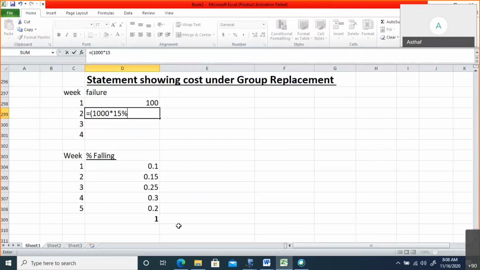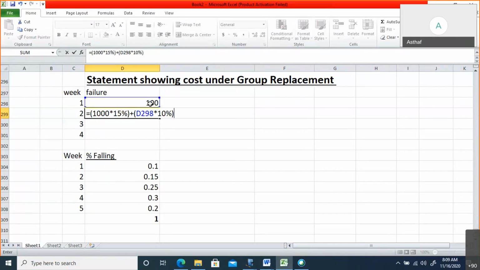1,000 into 15%. No one will have doubt here. But I will do one more calculation. Last week we did 100 replacements. That 100 is a fresh one that will be replaced, at 10%.